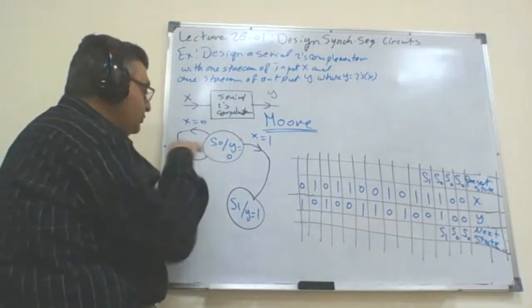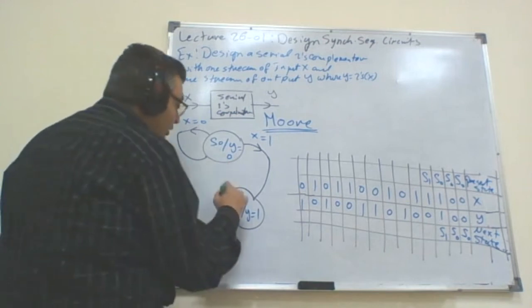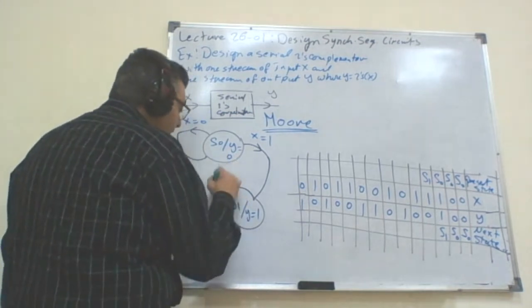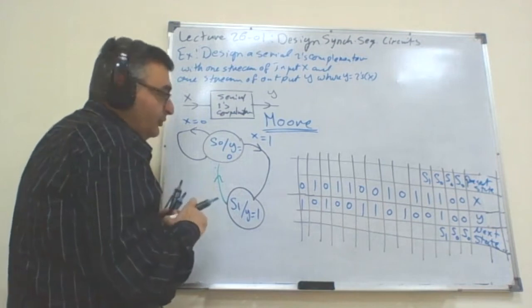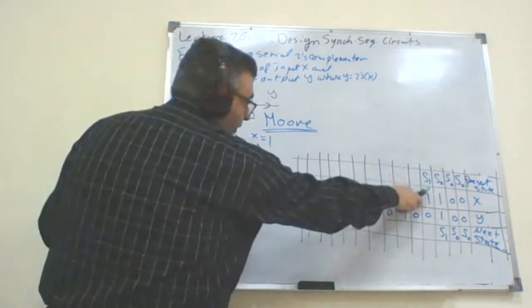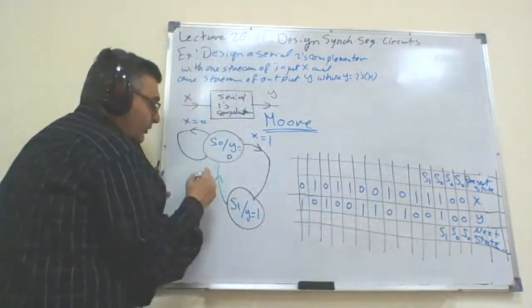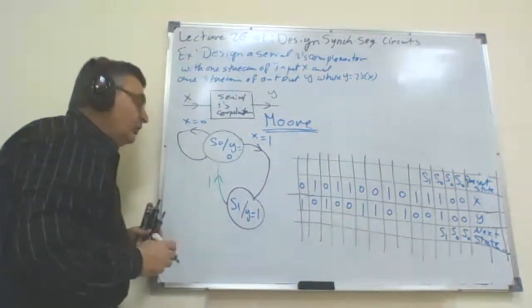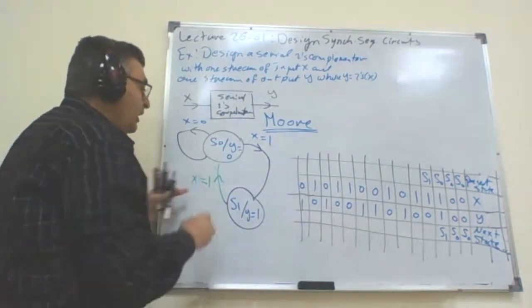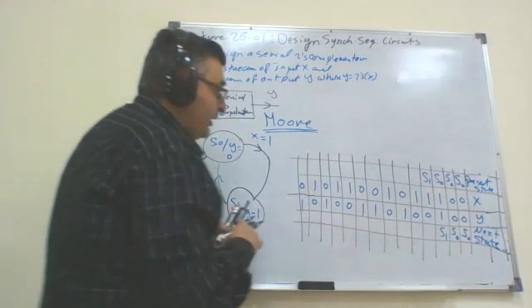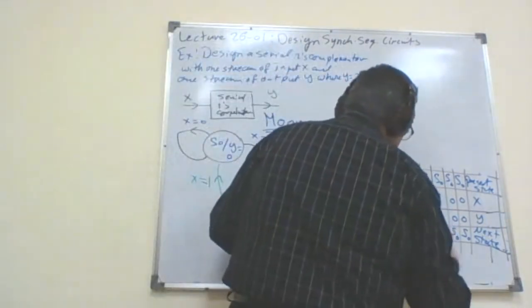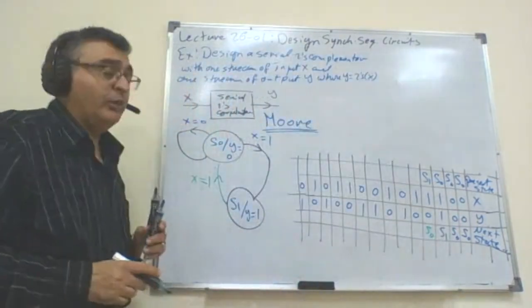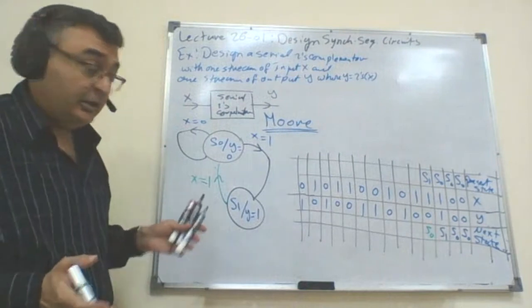So let's assume I will go to S0. So S1 and X equals 1, I will go to S0. If I'm going to S0, will everything be valid, will it work fine? Let's see.